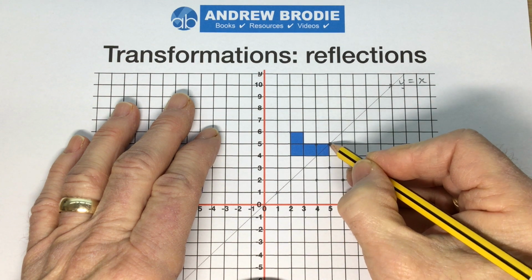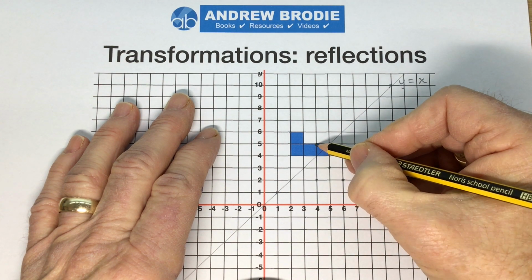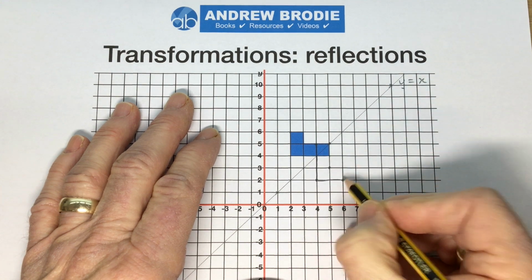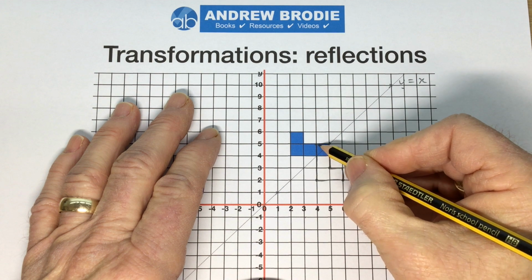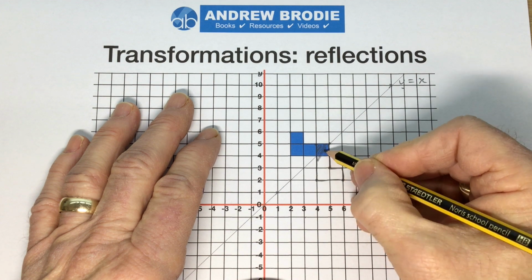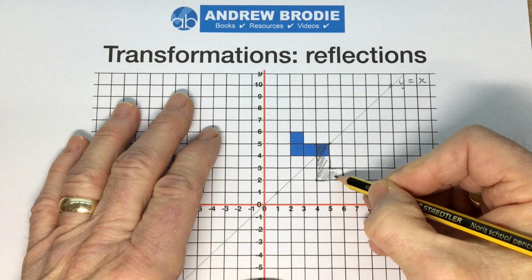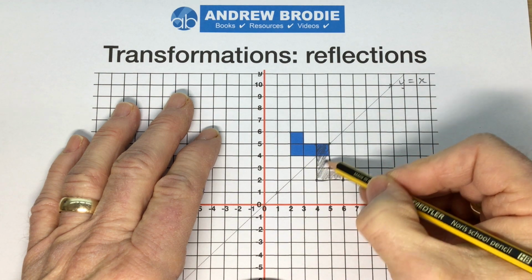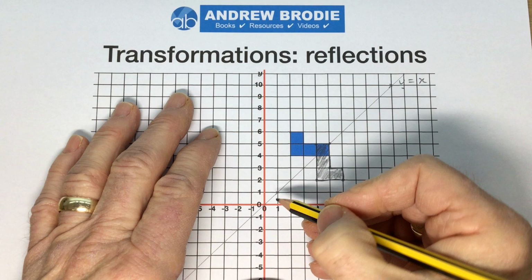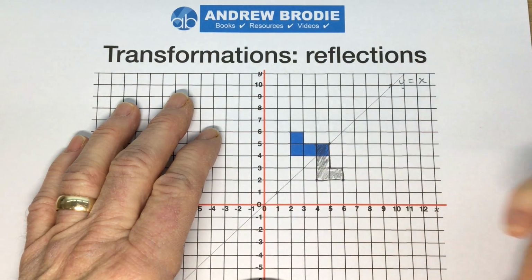And that one's actually on the line, so it's going to be there. And look what's happened. Here is the reflection. It's overlapping in both directions. And you can see we've ended up with a very symmetrical shape again, but it's overlapped the line in both directions. It's a reflection in both directions.